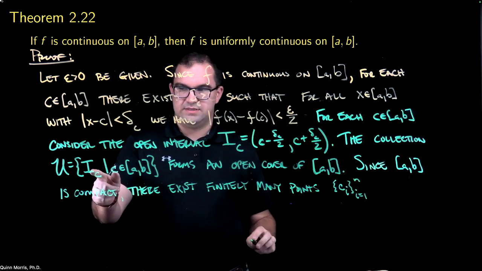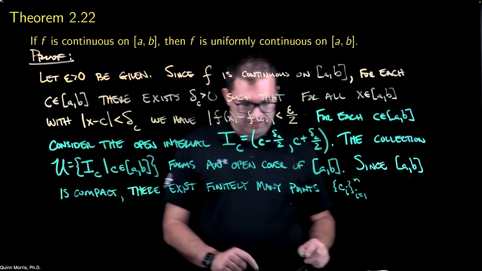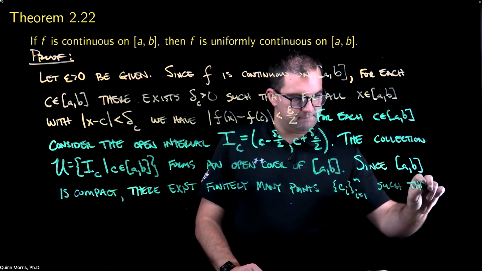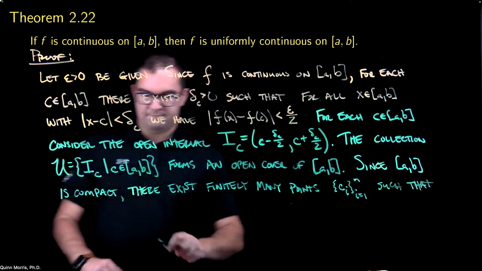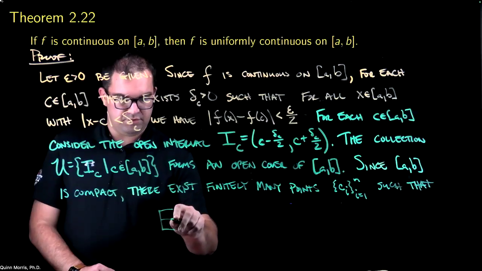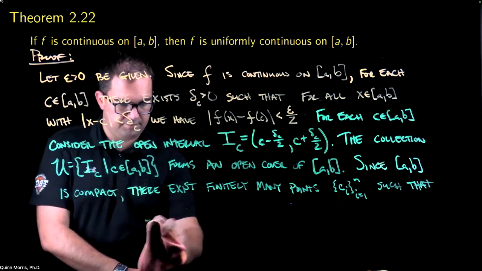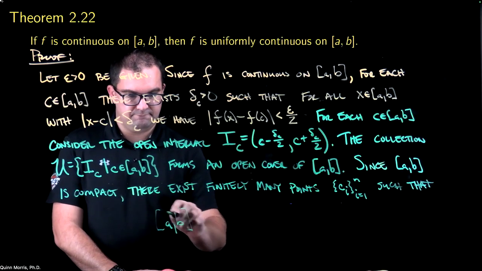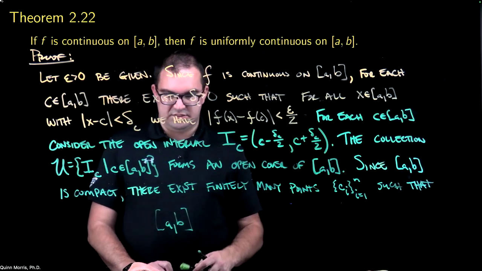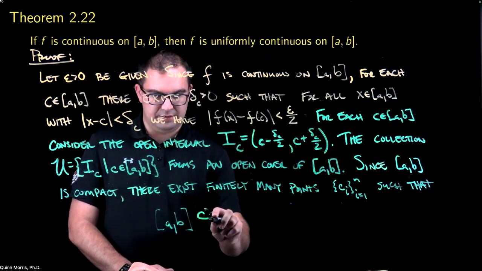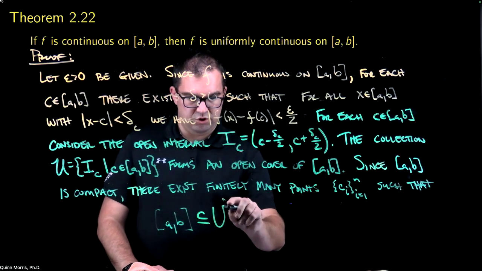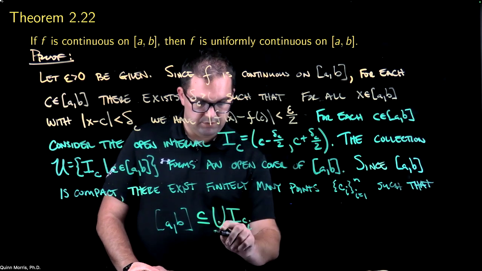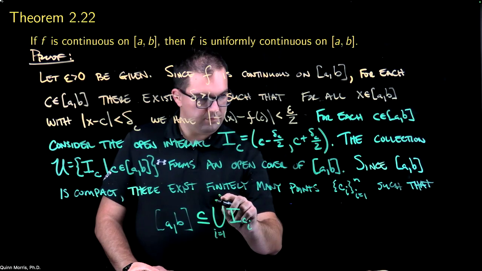There's some finite collection of points. Those are going to be the centers of the intervals that I want to keep, such that my closed interval AB is contained in the union of the I sub C sub i's for i going from 1 to n.